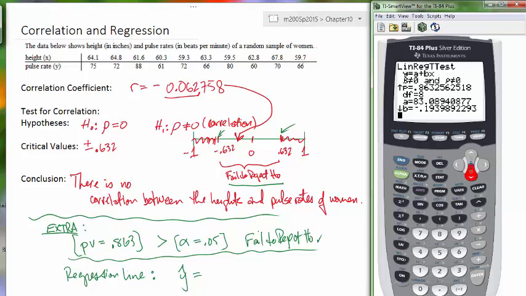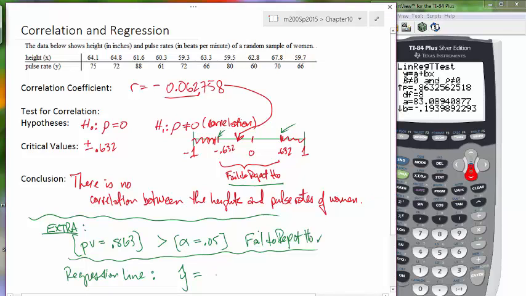The y hat is supposed to be equal to a plus bx, where a is 83.089 and then your b is a negative number, negative 0.1939, or let's call that 194 times x.